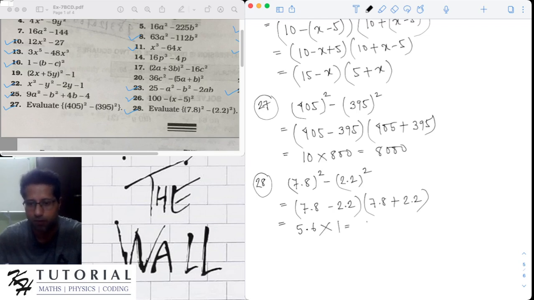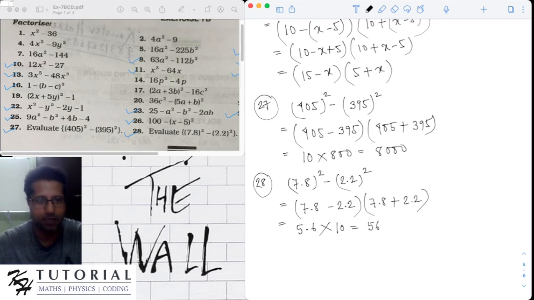So this is equal to 5.6. No, sorry, I made a mistake. 7.8 plus 2.2 is 10. So this is 56.